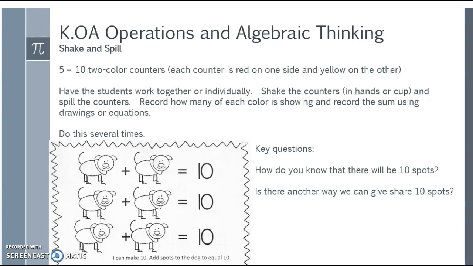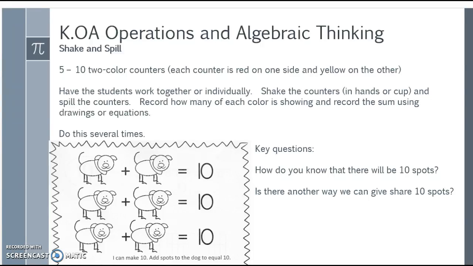Another great way to build to 10 would be to have students draw spots on the dog that build to 10. So putting 2 spots on the left and then 8 spots on the right one. And asking key questions such as, how do you know that there will be 10 spots?